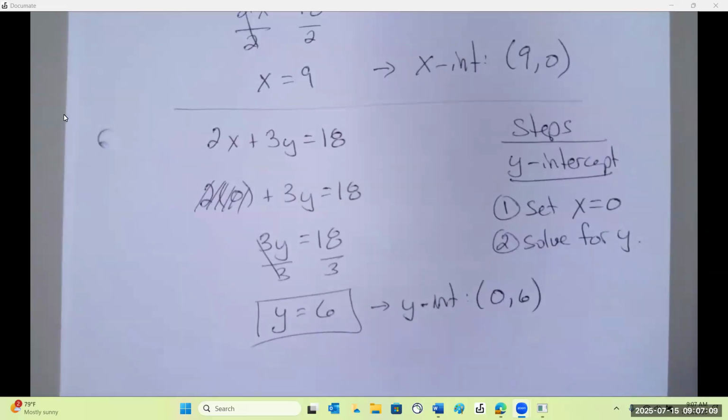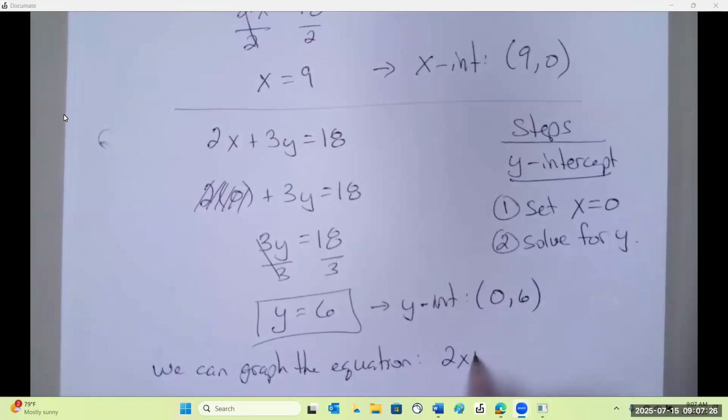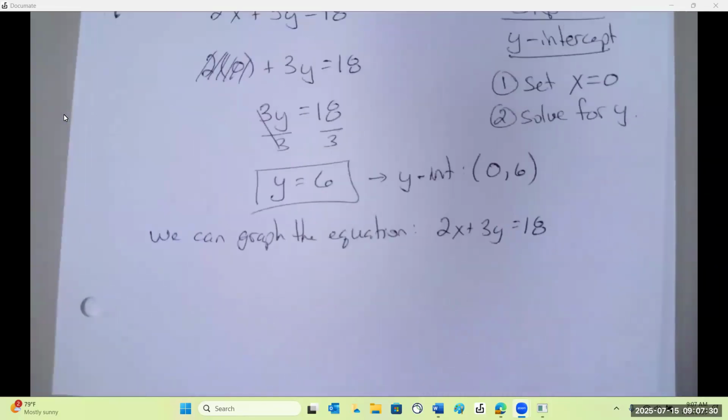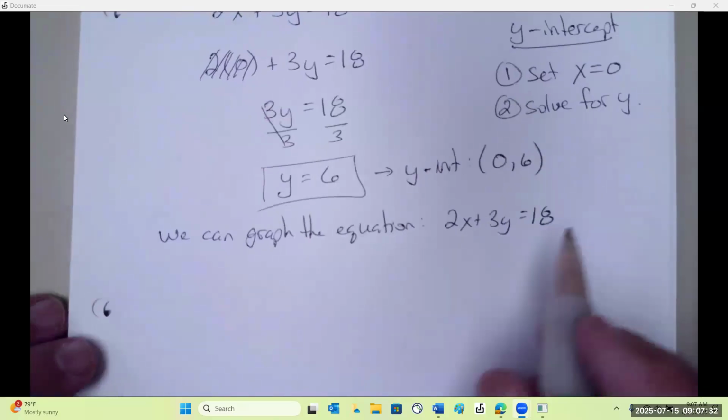The beautiful thing about this is if we have x and y intercepts, we can graph the equation. Because we know the 2 points.